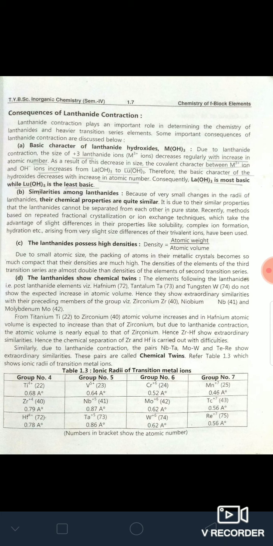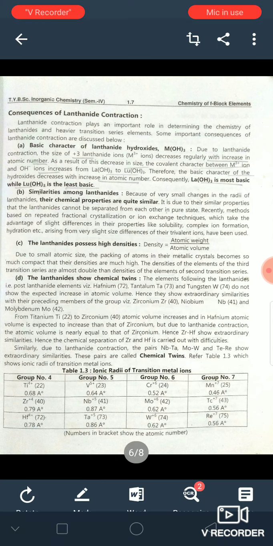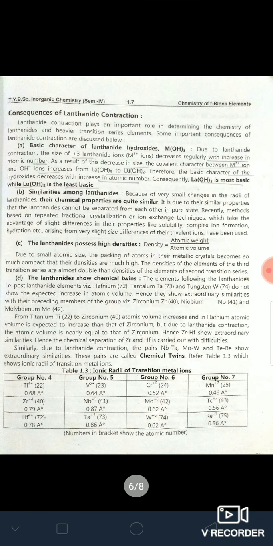Due to lanthanide contraction, the size of lanthanide +3 ions, that means M3+ ions, decreases regularly with increasing atomic number. As a result of this decrease in size, the covalent character between M3+ ion and OH- ions increases from lanthanum to lutetium.